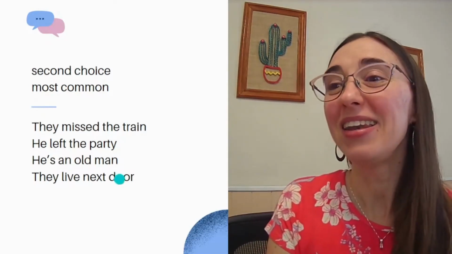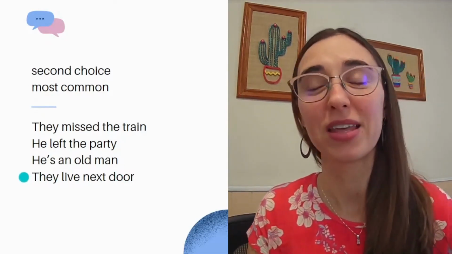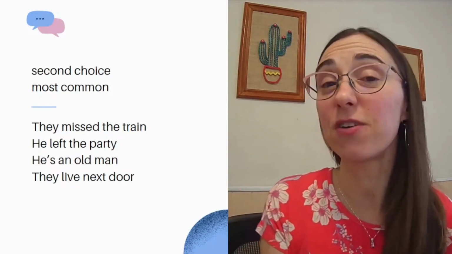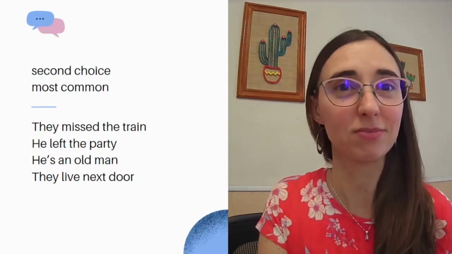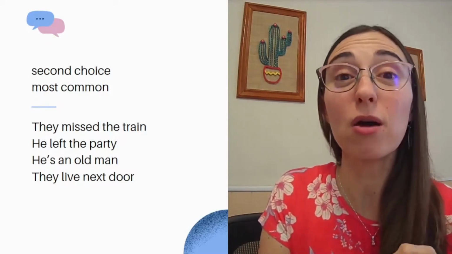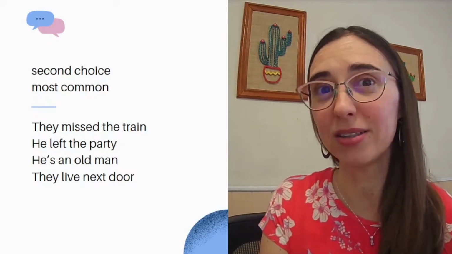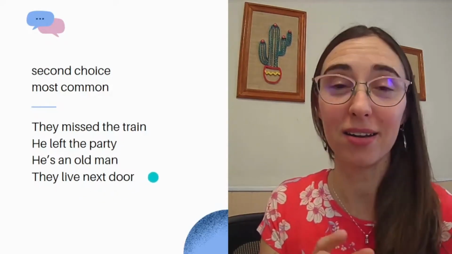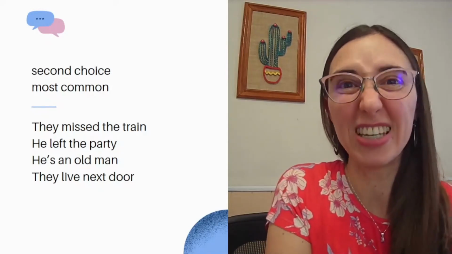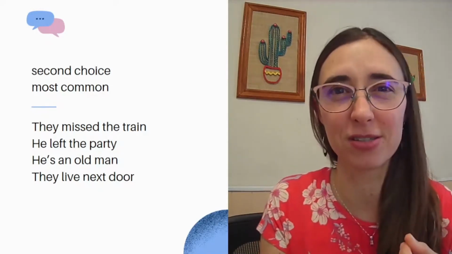Okay, last but not least, here, they live next door. Identify the three consonant sounds. Try to see if you can pronounce them all together without deleting the one in the middle, and then compare that pronunciation to the one in which you delete that sound and feel the difference.